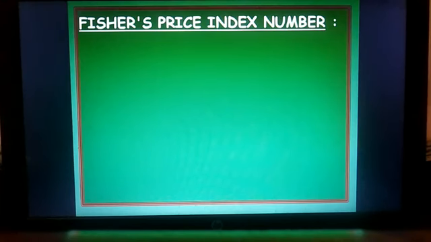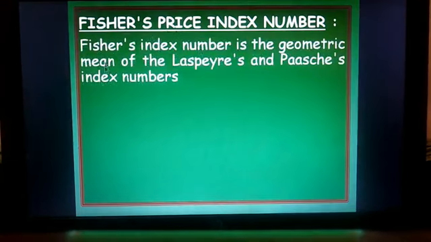The previous one, Dorbish-Bowley's, was based on the arithmetic mean. Here Fisher's price index number is based on the geometric mean. So that's what Fisher's index number is, a geometric mean of Laspeyres' and Paasche's index numbers.